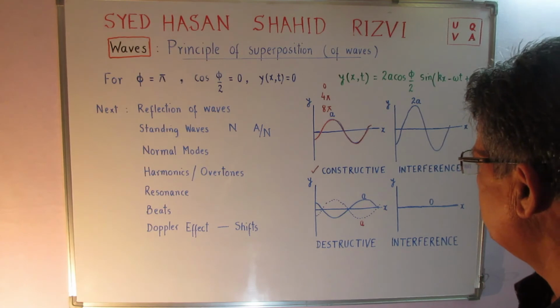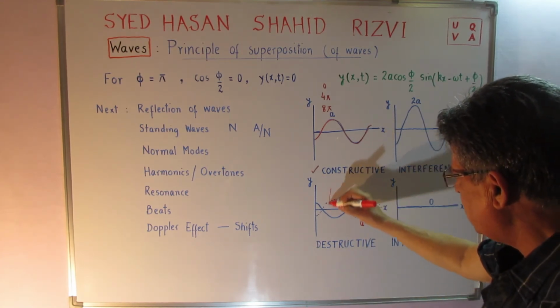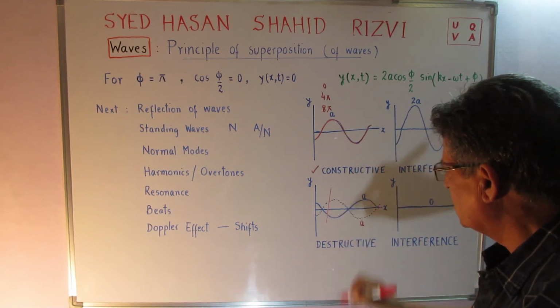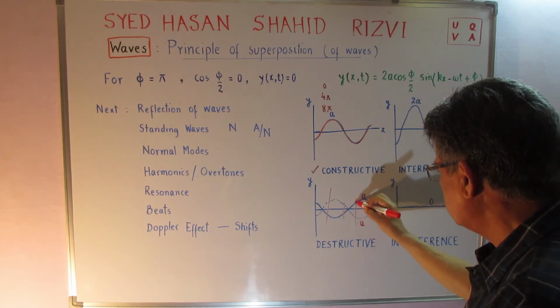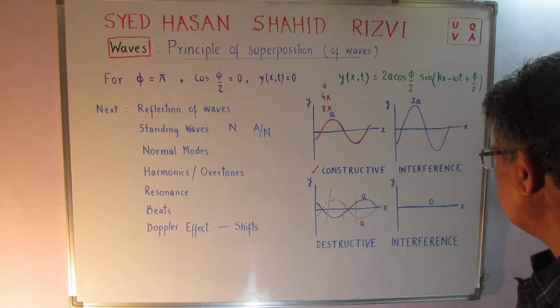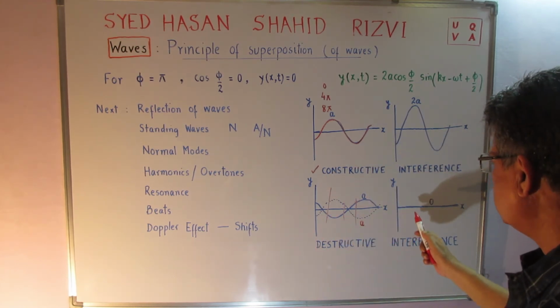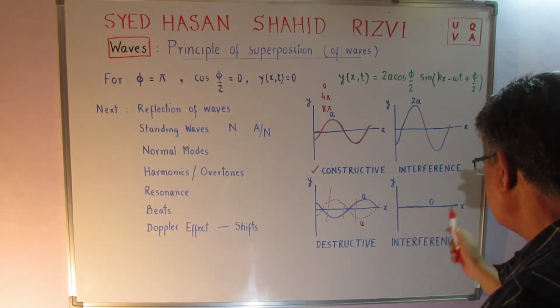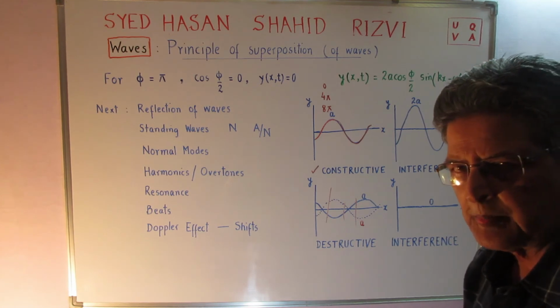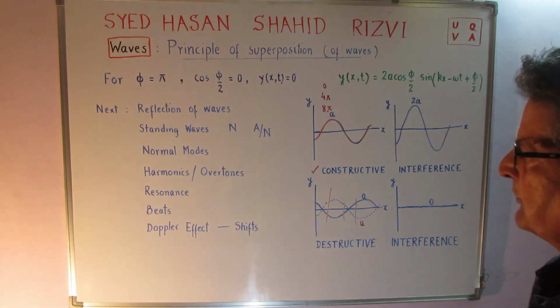When these superpose, at every point this and this become equal to 0, this and this become equal to 0, this and this become equal to 0. The two waves destroy each other, and we get a straight line along x. This is called destructive interference.